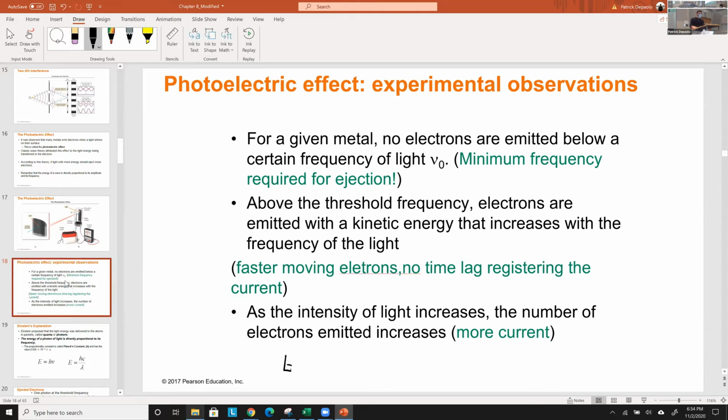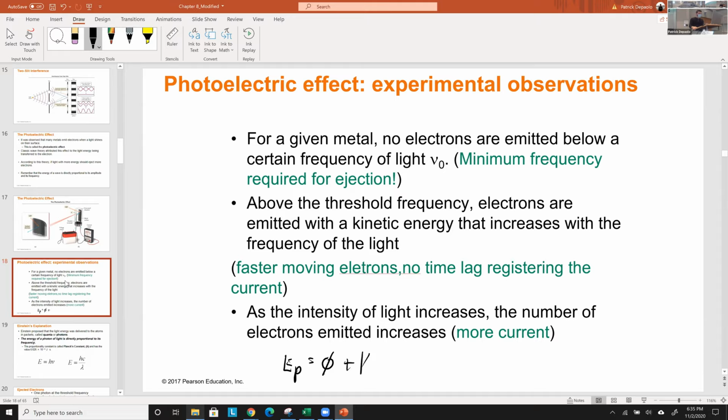If you have the energy of the photon, put EP, the energy of the photon going into the metal, and it's above the binding frequency, the photon needs that binding level of energy to knock off the electron. But it has more. That extra energy gets translated into kinetic energy of the electron.